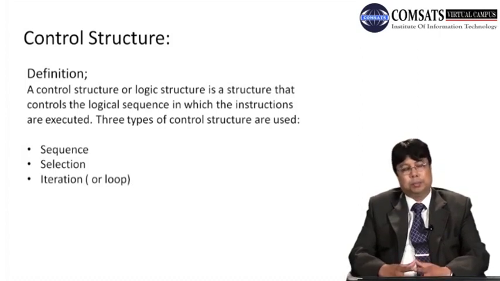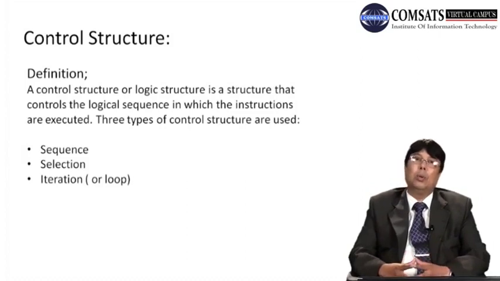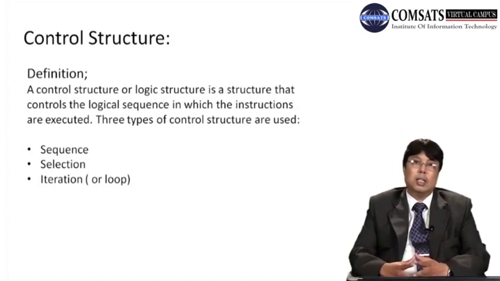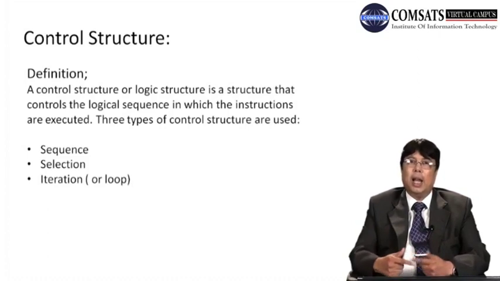Next is selection, decision box के through in flowchart या if statement के through in a pseudocode. You can determine your path. If true, then do this. If not true, then do that. This is the selection. Next is iteration, repeating again and again.